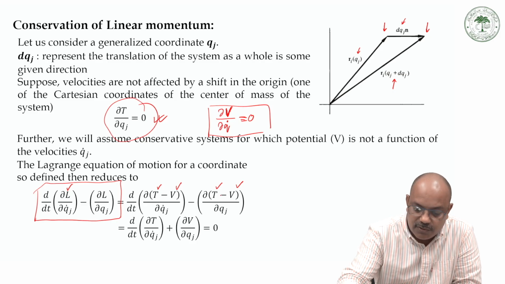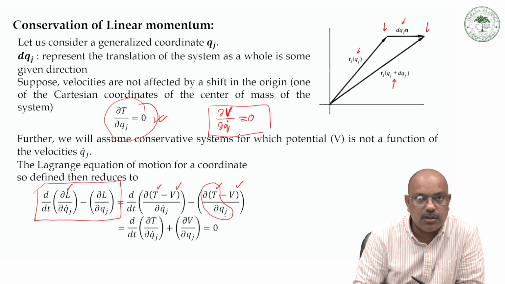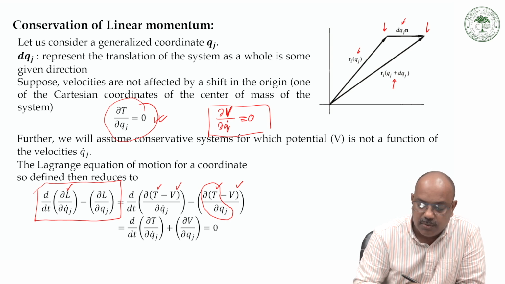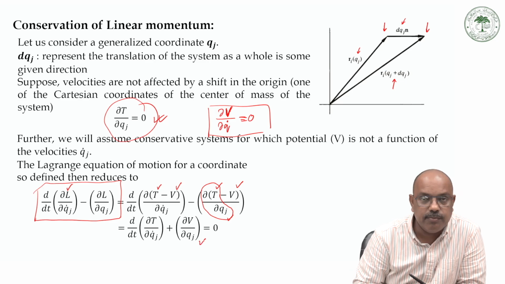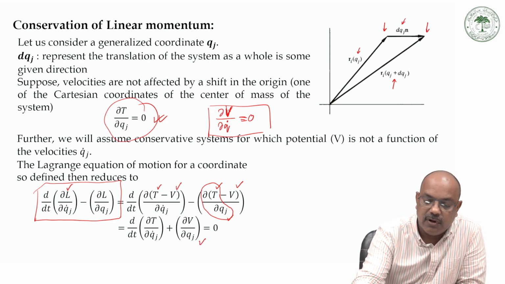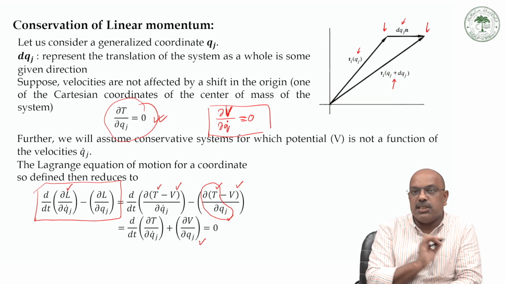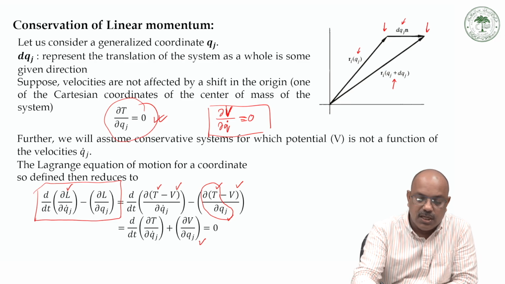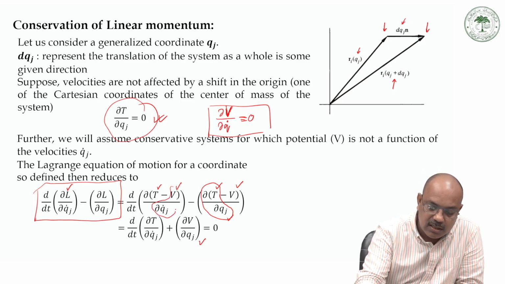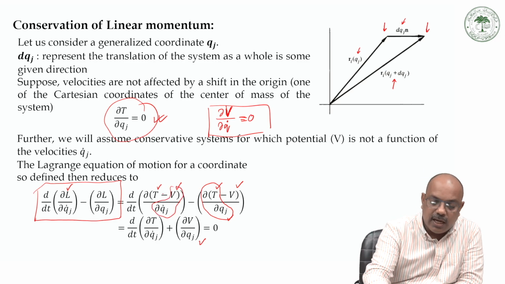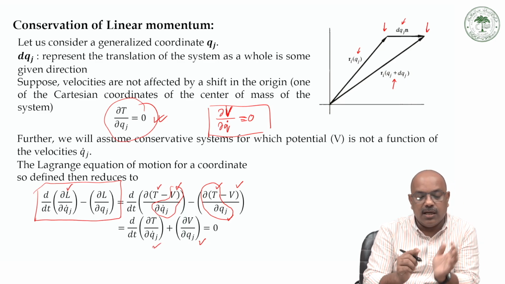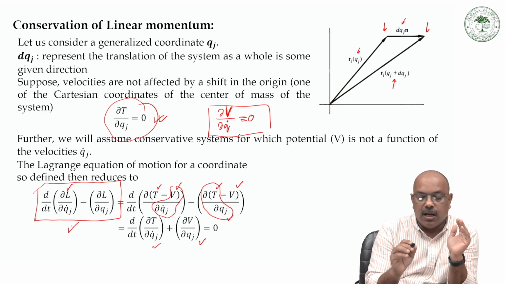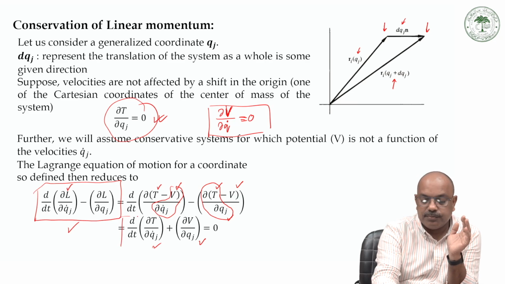So here, this part, delta T by delta qj, is not going to contribute, but the velocity depends upon q dot, so this remains the same. And second, the potential is independent of the generalized velocity, so this is going to be 0, so I am left with only this quantity. This is the form my Euler-Lagrange equation comes to.